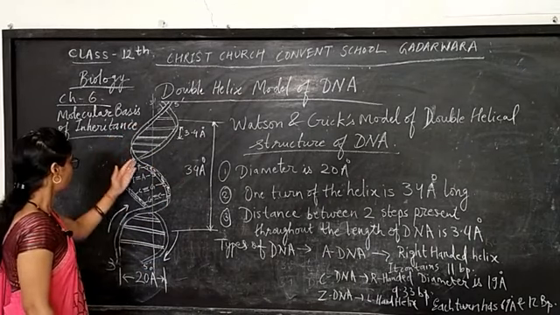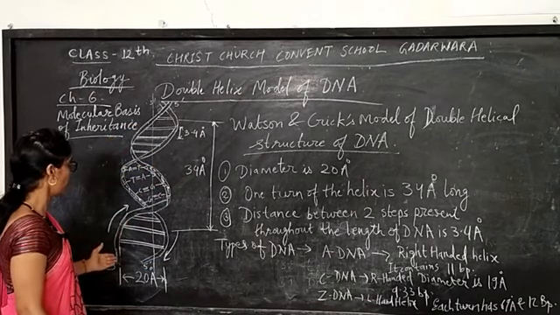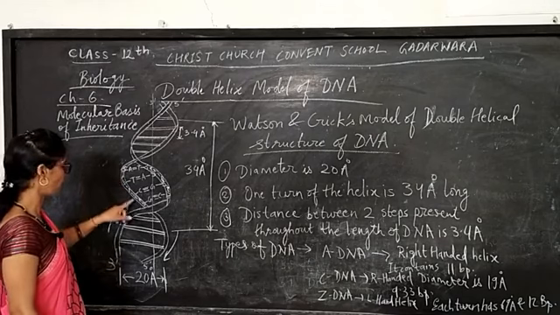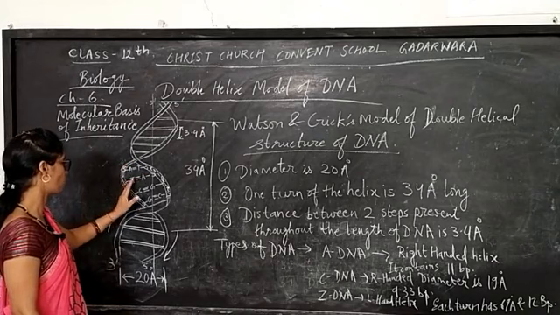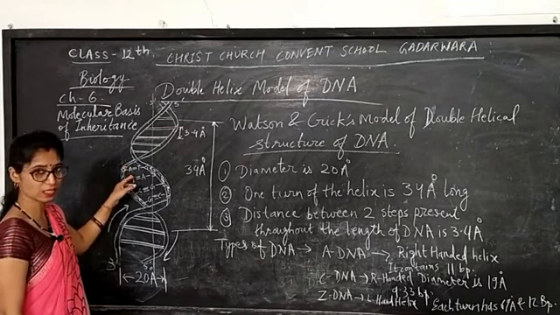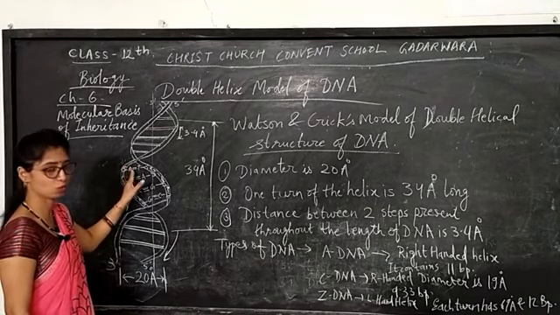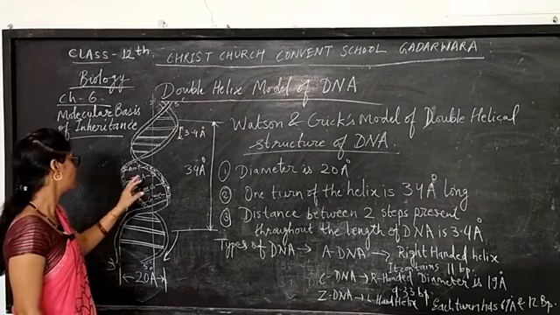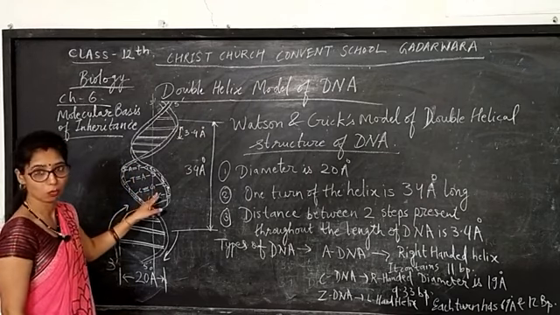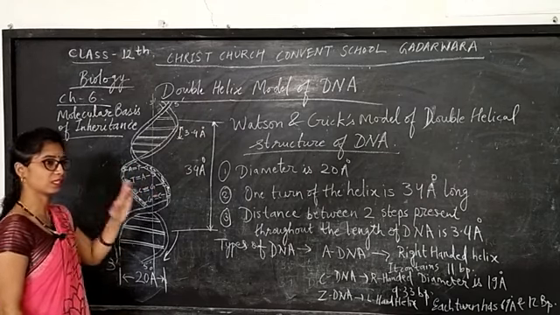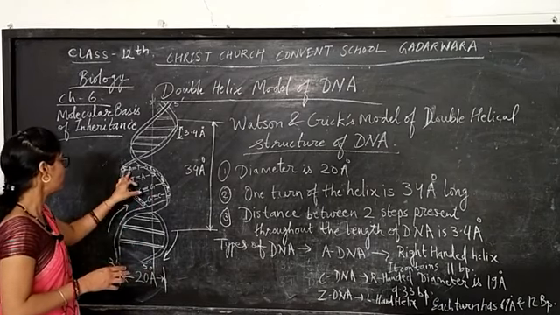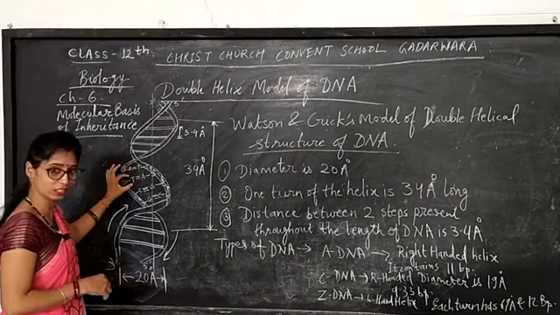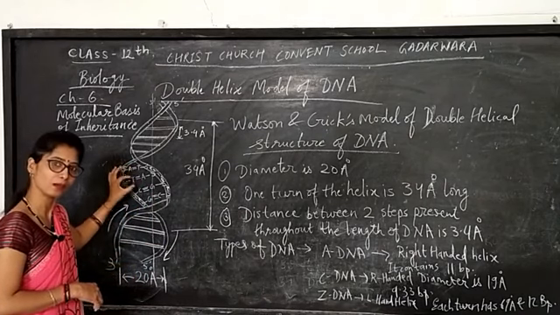In the polynucleotide chain, the sugar phosphate backbone is found, and the joining is through the nitrogenous bases. Adenine is joined with thymine, cytosine is joined with guanine, one purine is attached with one pyrimidine, and they are attached with each other with the help of hydrogen bonds.